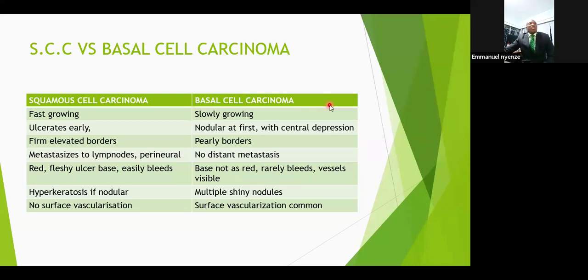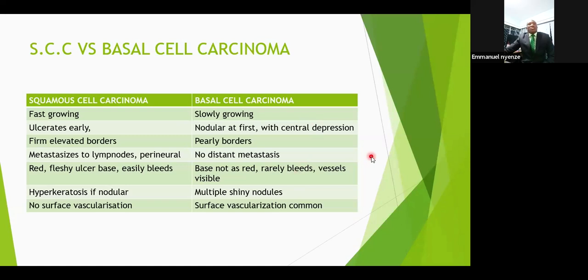I've already mentioned the base in squamous, which tends to be fleshy and easily bleeds. Basal cell carcinoma is not fleshy red like squamous cell. It rarely bleeds, and the vessels are usually crisscrossing the lesion. Some cases of squamous cell carcinoma are nodular, and in that case there is typically hyperkeratosis, so there are a lot of scaly lesions on the surface, which is not there in basal cell carcinoma.